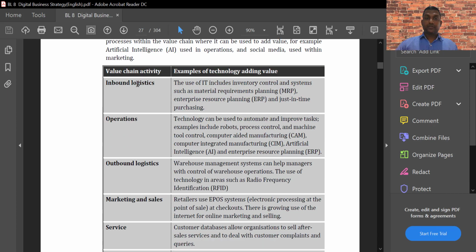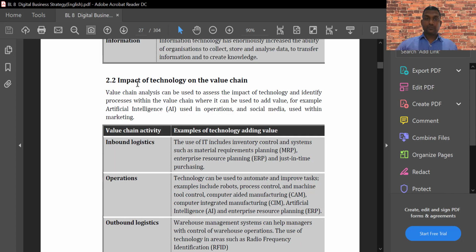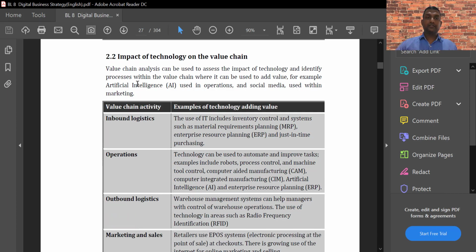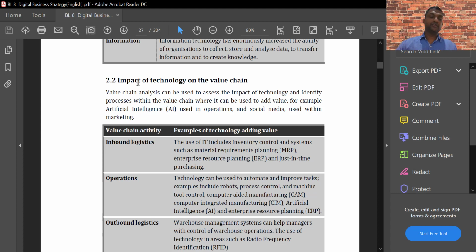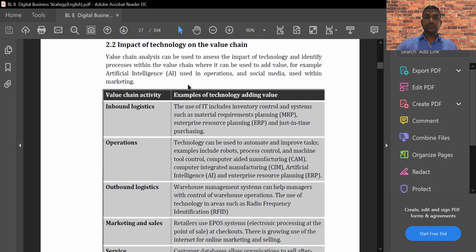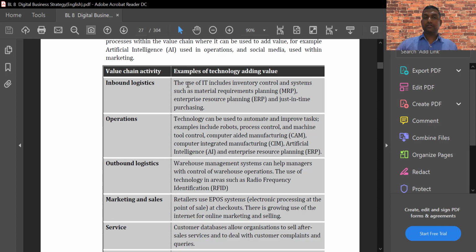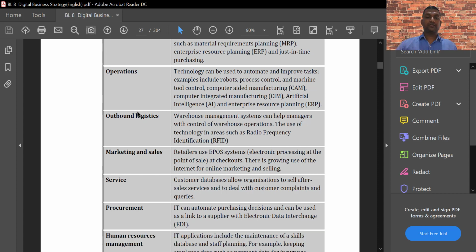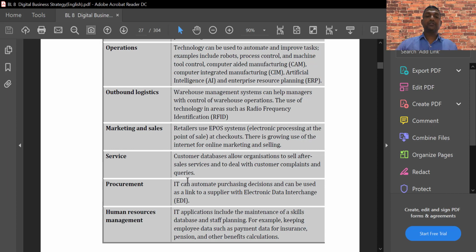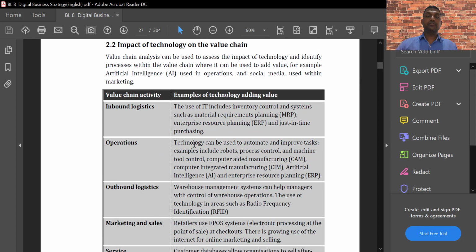Let's have a look at how this is explained. This is given still in the first chapter, under the impact of technology on the value chain. In this table they explain different areas in the value chain or in the organization, and how technology is used or can add value.